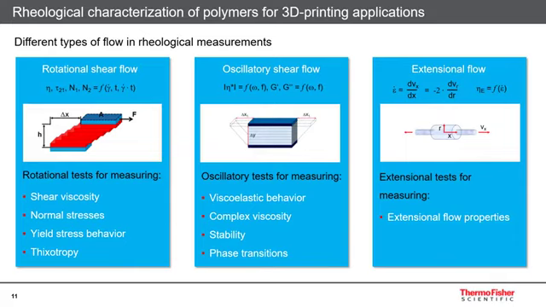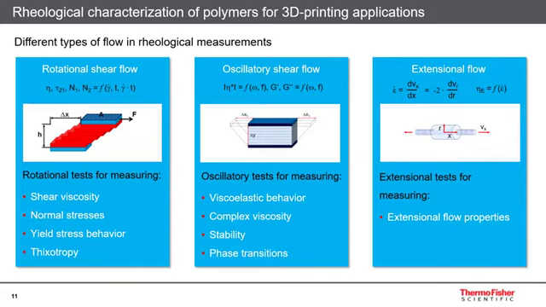Commonly used for rheological testing of polymer melts are methods where the sample is exposed to an oscillatory shear flow. Those kind of experiments reveal the viscoelastic properties of a material and can also be used to investigate the stability and to identify characteristic phase transitions.